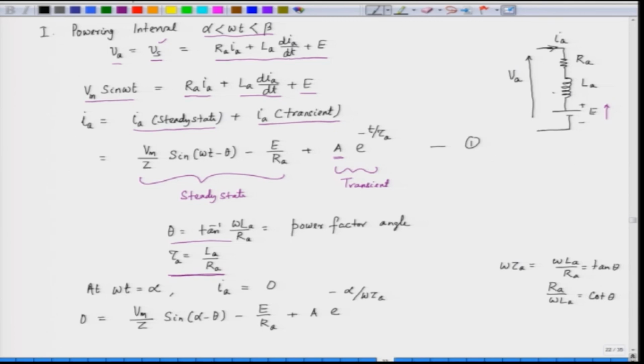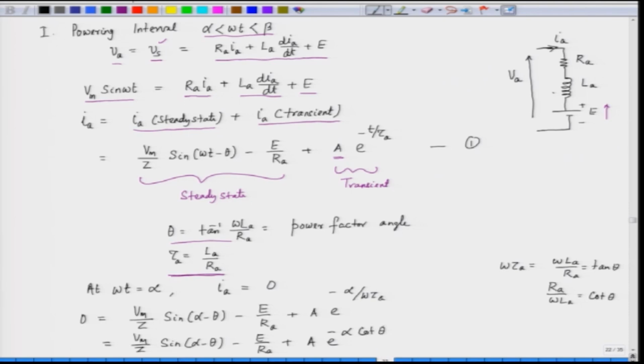Since this is 1 by omega tau A, we can rewrite this as Vm by Z sin(alpha minus theta) minus E by RA plus A exponential of minus alpha cot theta.